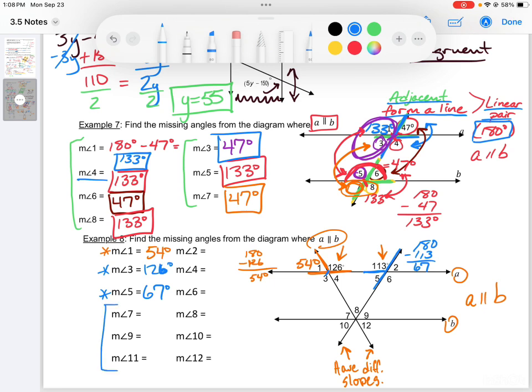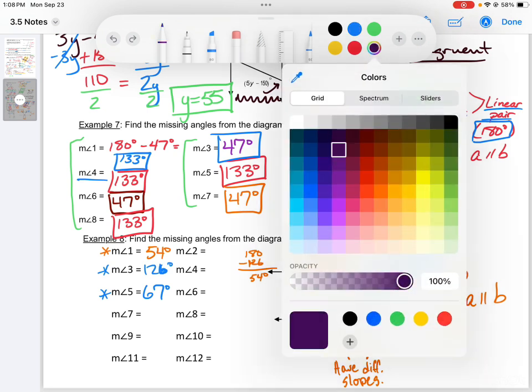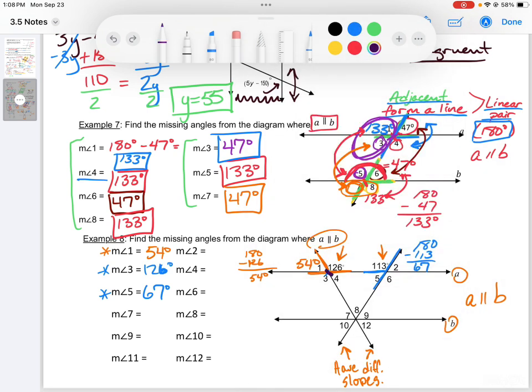Now, before we move to the bottom down here, let's do 2, 4, and 6. Angle 4 is vertical to angle 1, which means it's congruent.